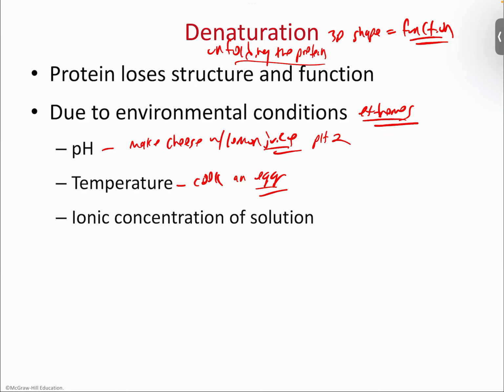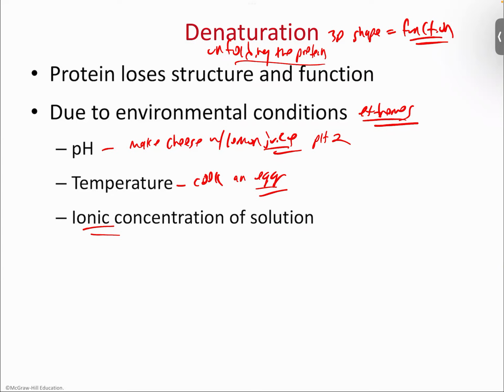Okay. And then to a lesser extent, ionic concentrations. These have to be pretty nasty ionic concentrations. Probably we don't have access to these sort of things. Your body's pretty good at regulating ionic concentrations. But with extremely high or low ionic concentrations, you can also denature your proteins. Okay.